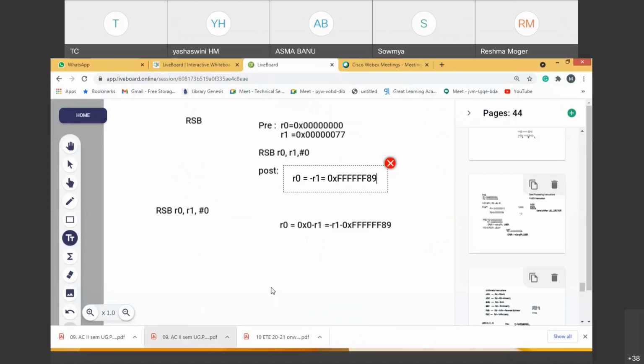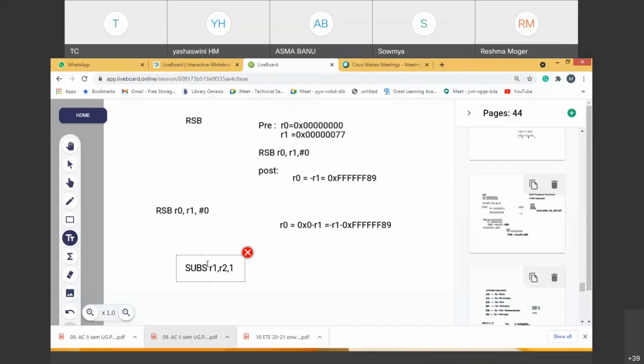Now, in the same way, let me cross check with an example: subtract with carry, which also does simple subtraction along with carry. Now, if I ask you to do this: SUBS R1, R2, #1.